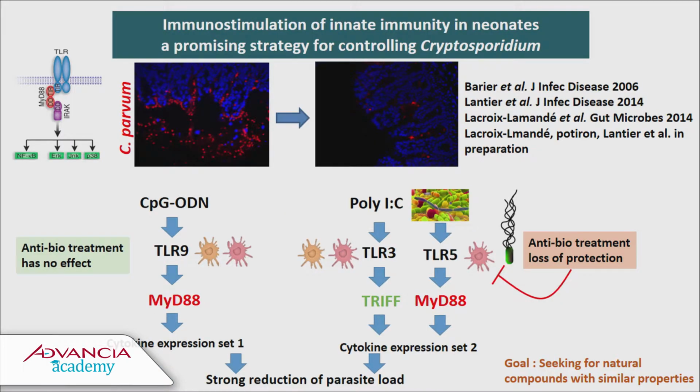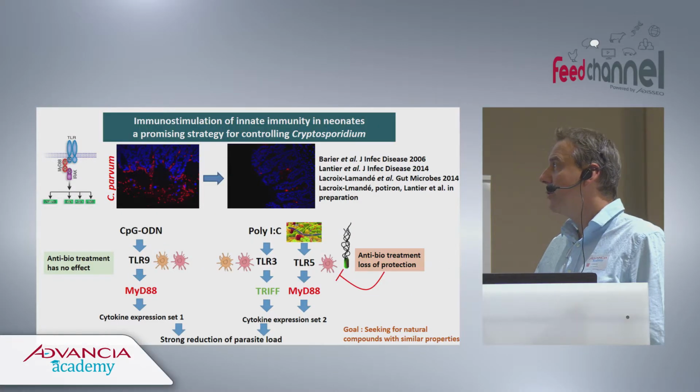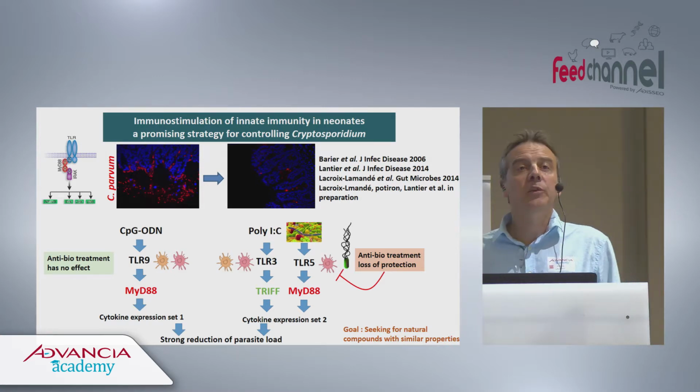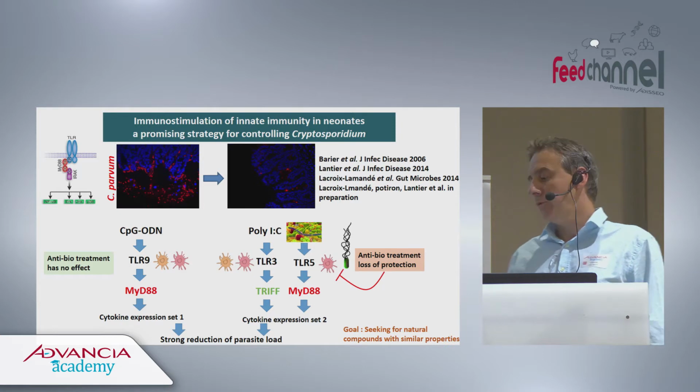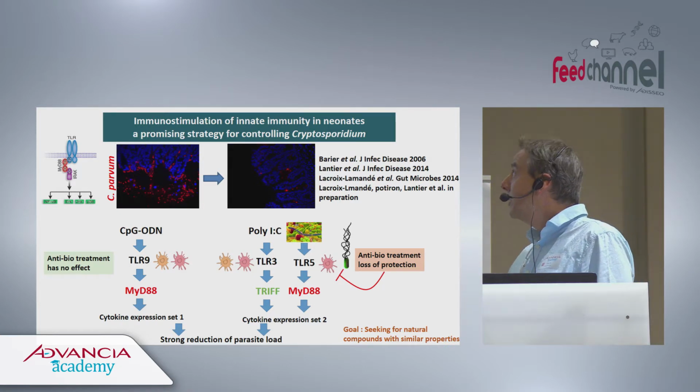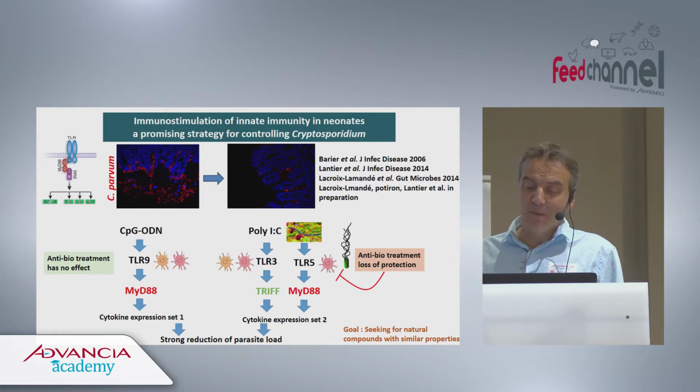But if you remove that signal, this pathway alone is not protective. This is not the case for CpG, because it goes through strong activation of the MyD88 pathway. Of course, this was just a proof of concept, but we are now looking for a natural compound that can have the same effect.